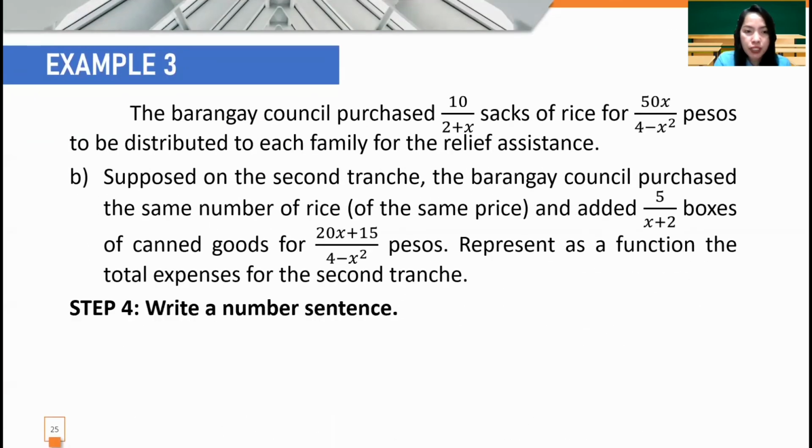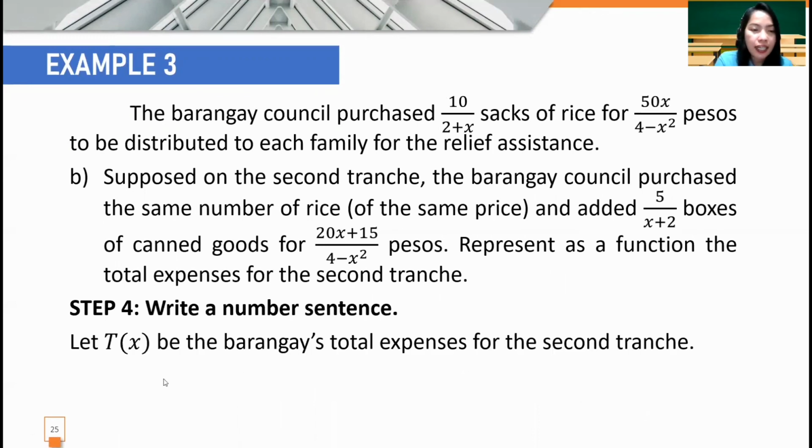Step number 4, write a number sentence. Let T of X be the barangay's total expenses for the second tranche. T of X, you can use T of X for the function notation, or you may use other variables that will replace the variable T here.